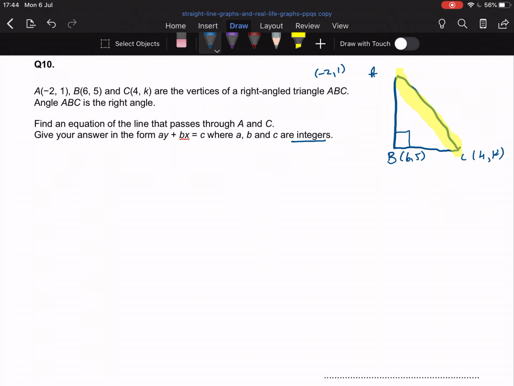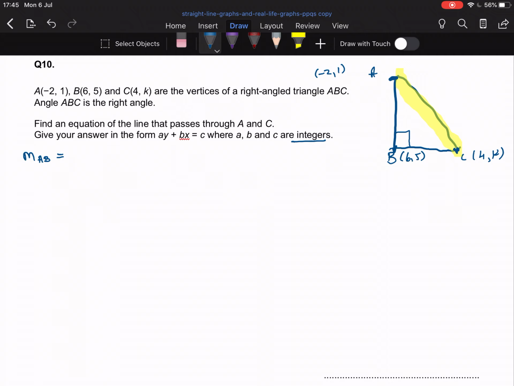So I don't have enough information on BC to do anything yet. So I'm going to start with AB because I've got these 2 points, point A and point B. So I'm going to start by doing the gradient of line AB. So I'm saying that m, the gradient of AB, and you remember that's change in y over change in x. I'm going to subtract the y coordinates.